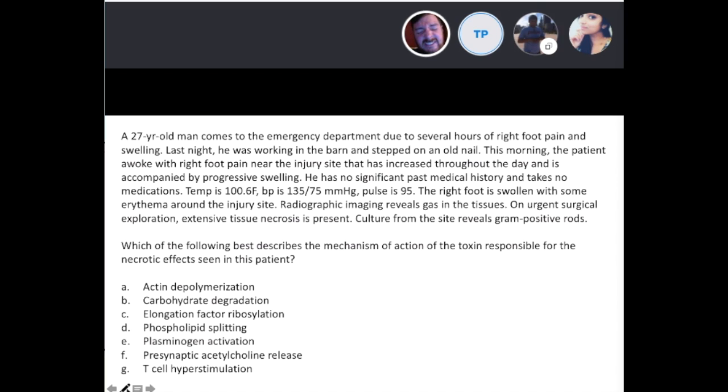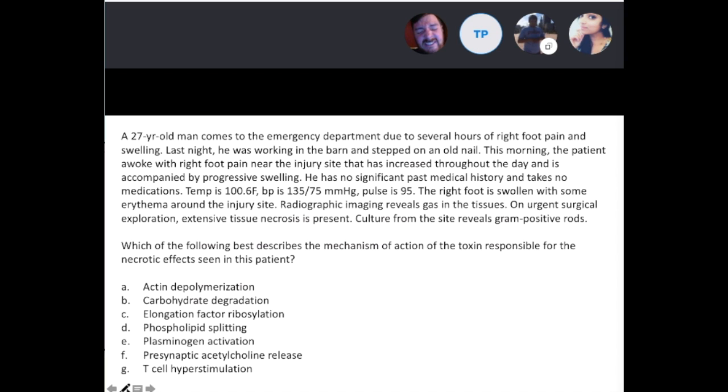A 27-year-old man comes to the emergency department due to several hours of right foot pain and swelling. Last night, he was working in the barn and stepped on an old nail. This morning, the patient awoke with right foot pain near the injury site that has increased throughout the day and is accompanied by progressive swelling. He has no significant past medical history and takes no medications.